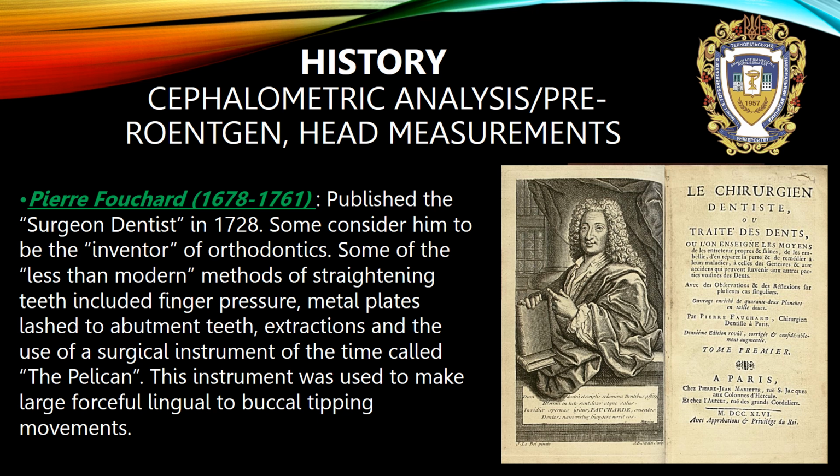Some of the less than modern methods of straightening teeth included finger pressure, metal plates, lashing to abutment teeth, extractions, and the use of the surgical instrument of the time, called the pelican. This instrument was used to make a large palatolingual to buccal tipping movement.